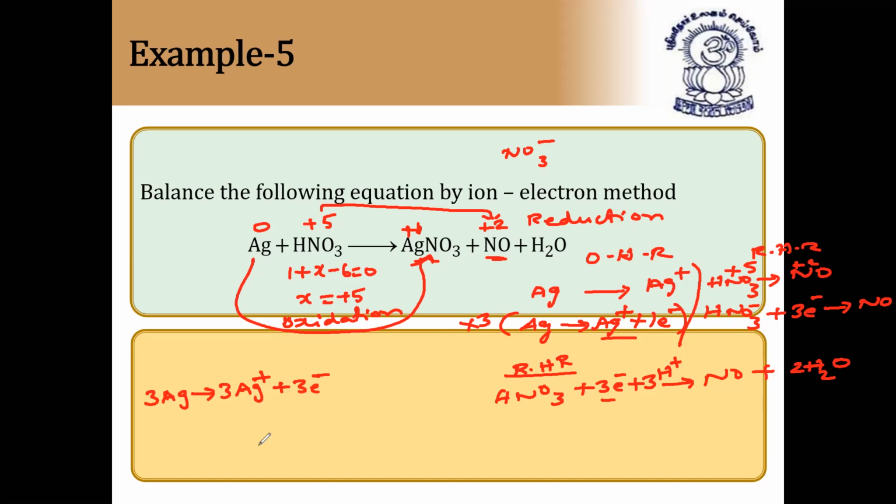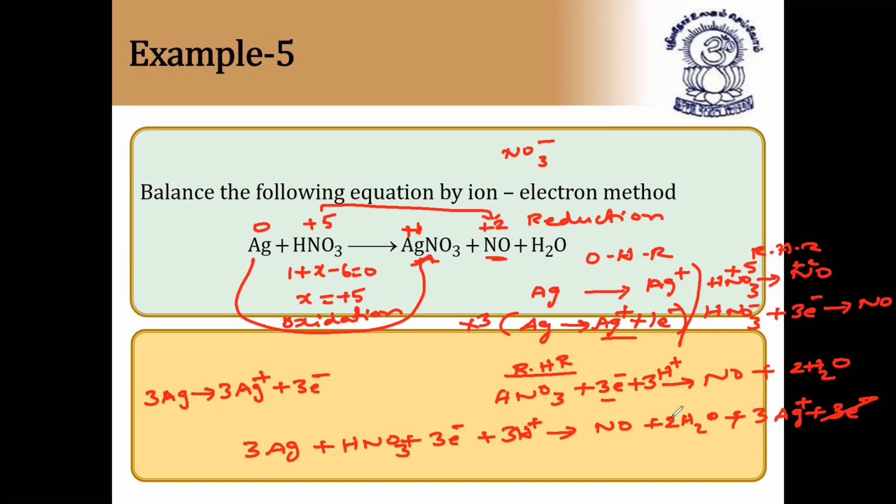Now combining these two equations. So 3Ag, only reactants I'm writing, plus HNO3 plus 3 electrons plus 3 H+ gives rise to NO plus 2H2O plus 3Ag+, the product of the oxidation reaction, plus 3 electrons.